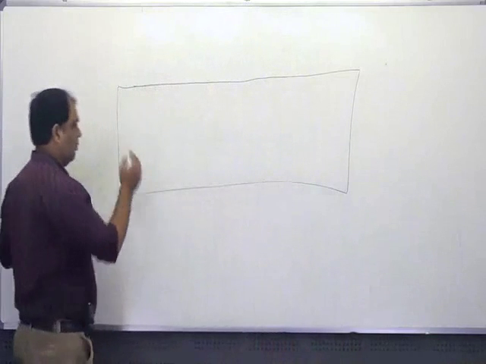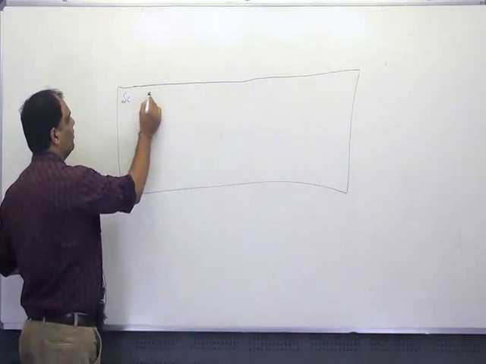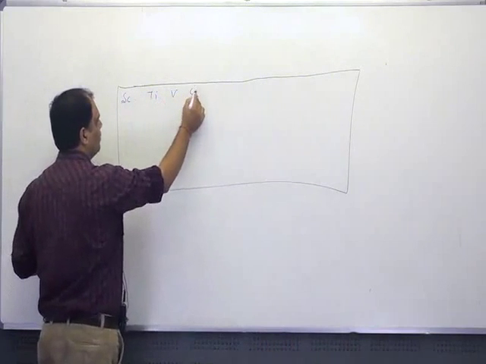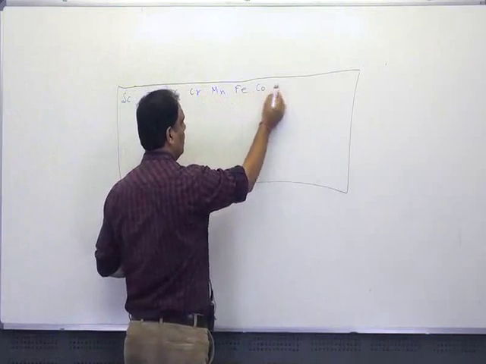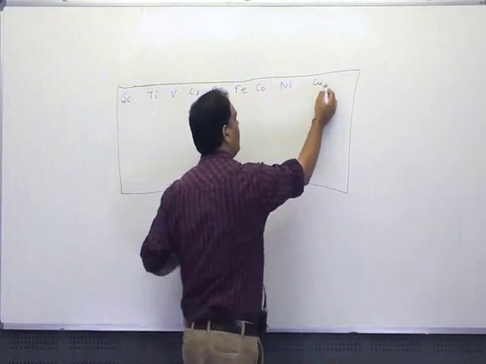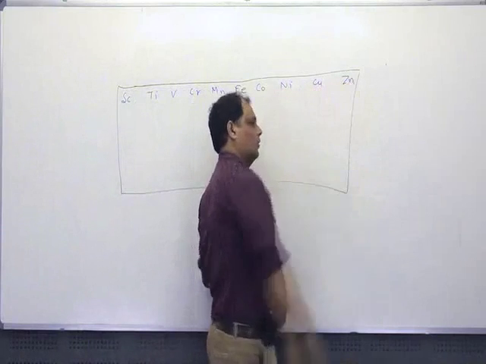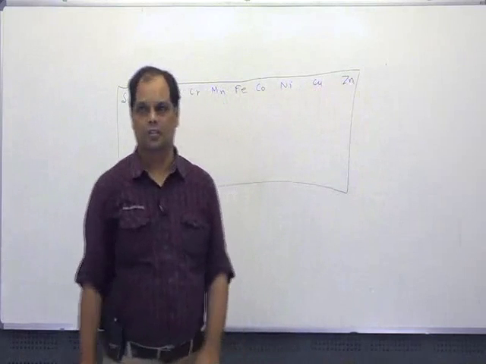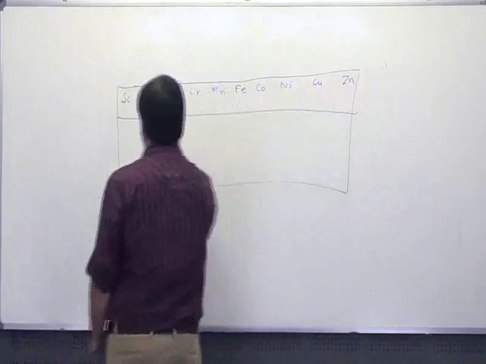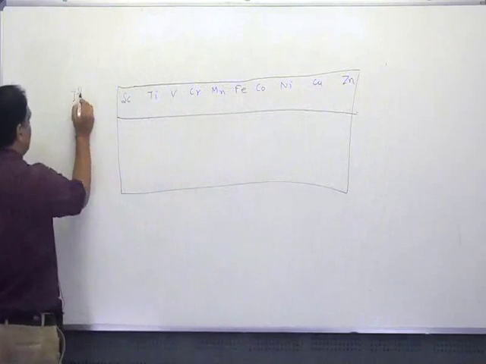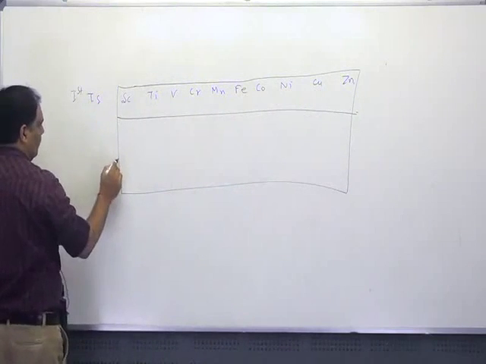Now just see what happens here. Scandium, titanium, vanadium, chromium, manganese, iron, cobalt, nickel, copper and zinc. This is your first transition series.